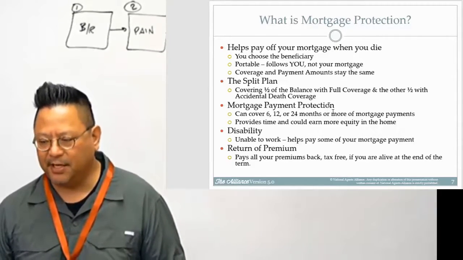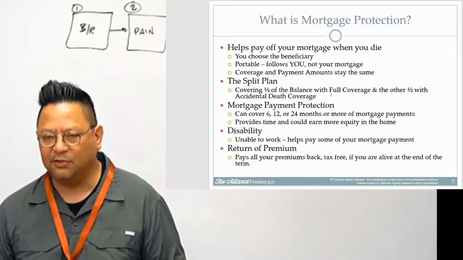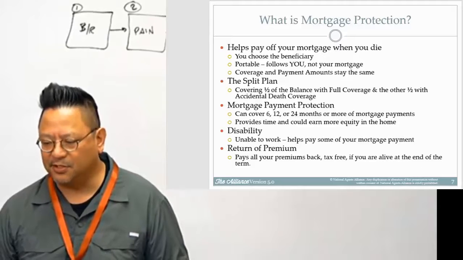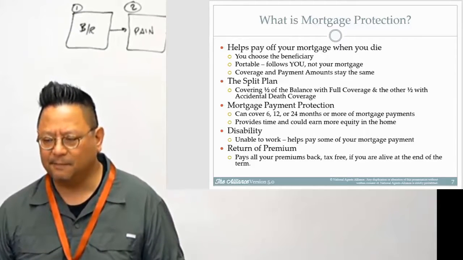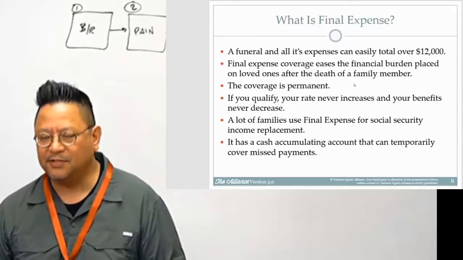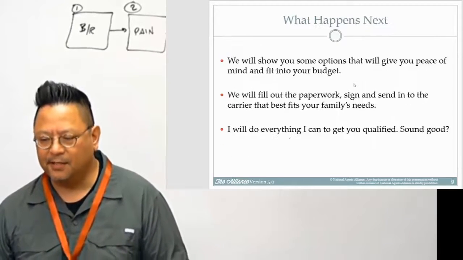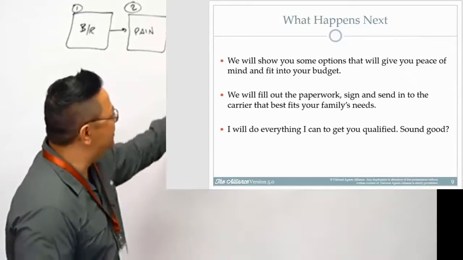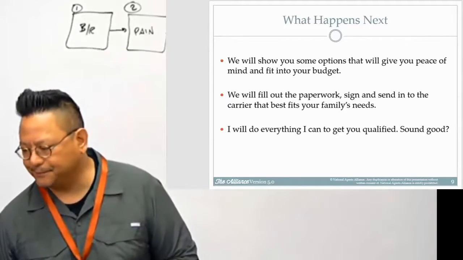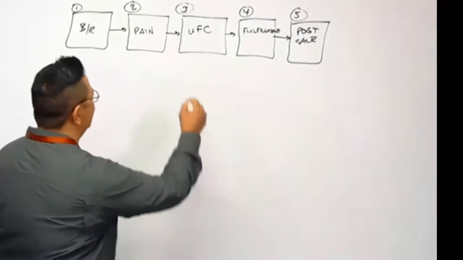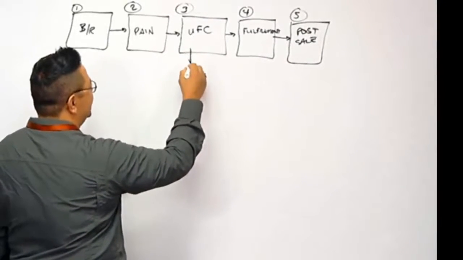We've got a split plan covering accidental death or full coverage to make it affordable, and some of these other features. I don't spend a lot of time on this. If it's final expense, I'll talk about final expense. And then this is the upfront contract. What happens next? So you're going to tell them here what happens next.